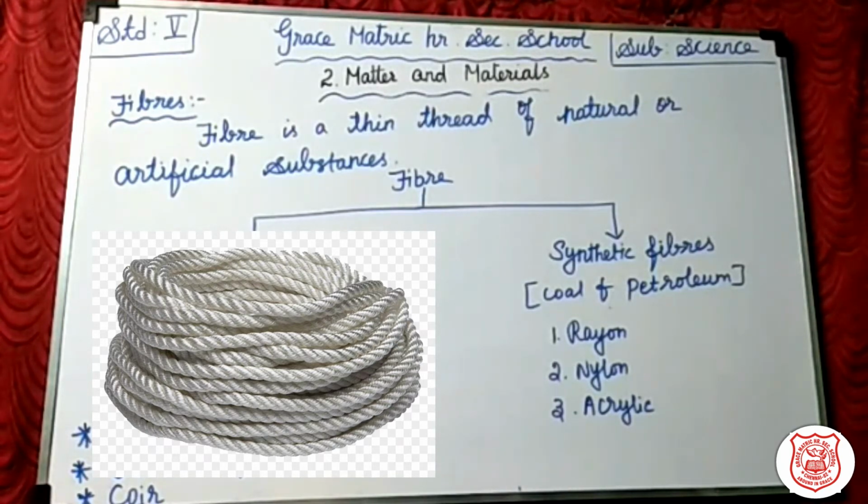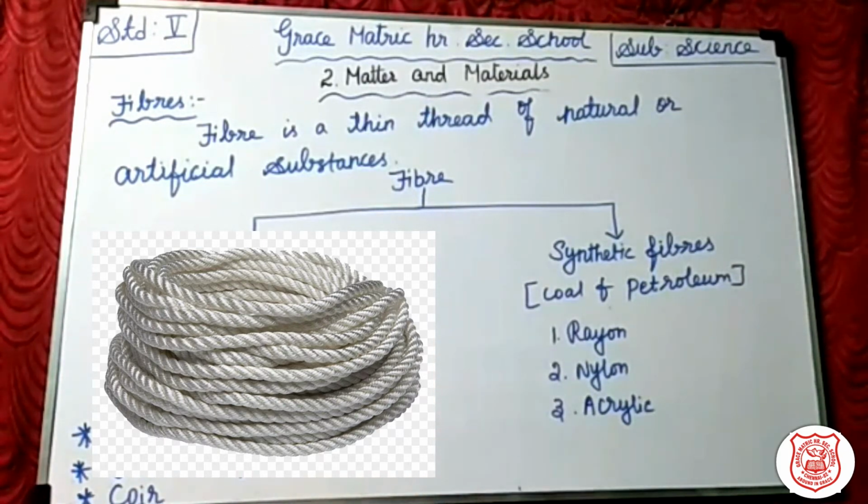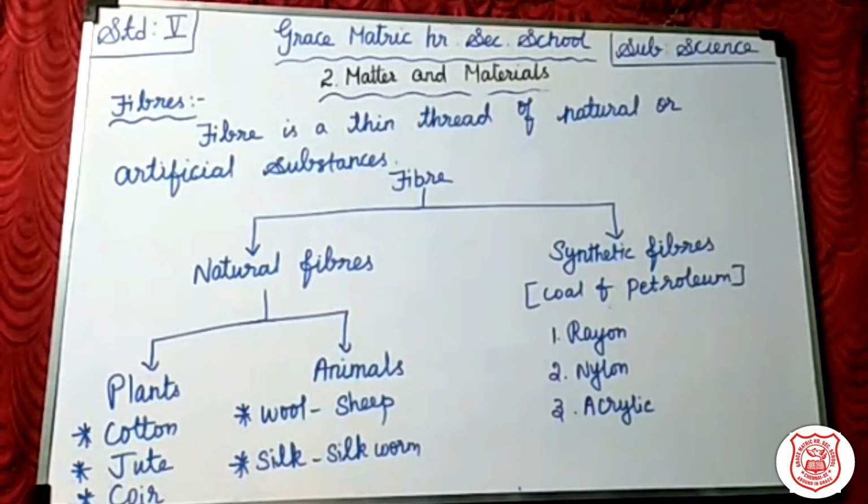For example, rayon, nylon, and acrylic are all examples of artificial fibers. These fibers are obtained from petroleum and coal products by a complex chemical process. So from that we get these kinds of synthetic fibers.